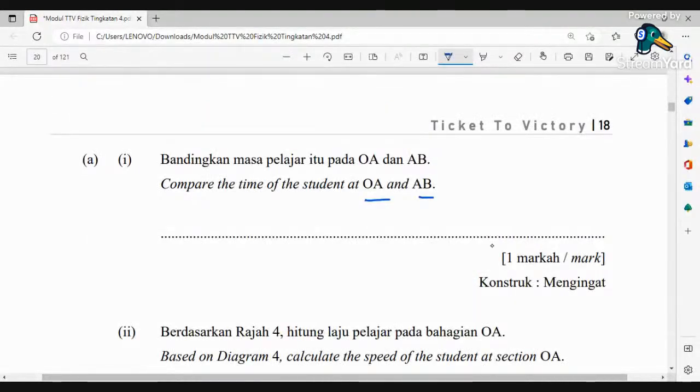So means OA is longer. Okay, the time taken is higher atau longer ataupun apa-apalah. Is larger pun boleh.